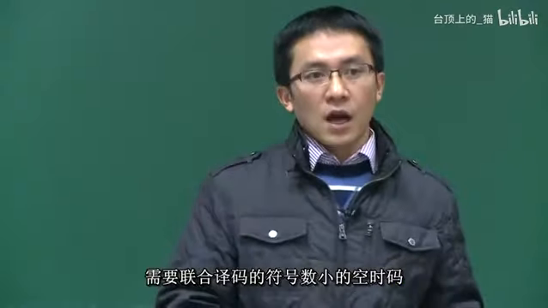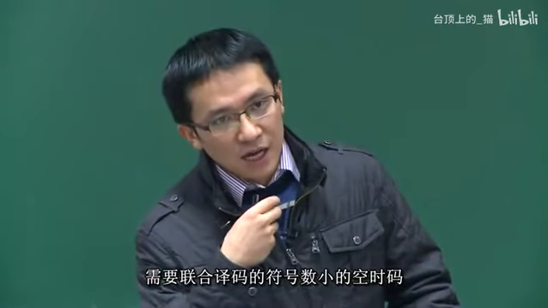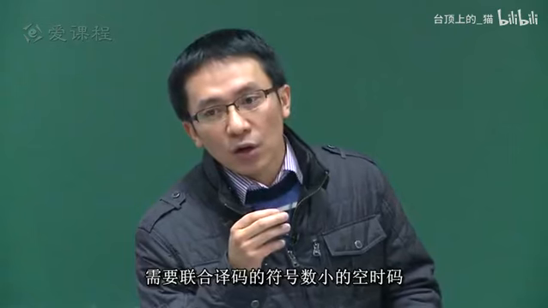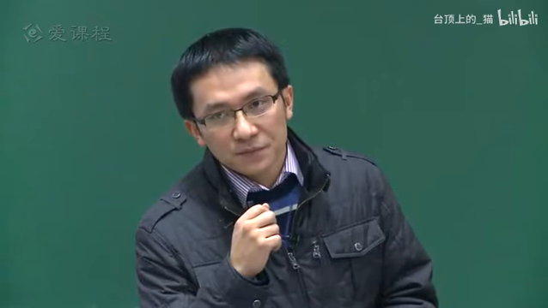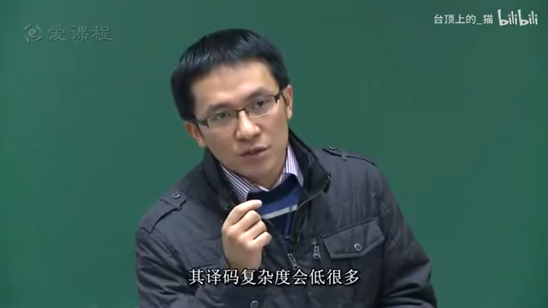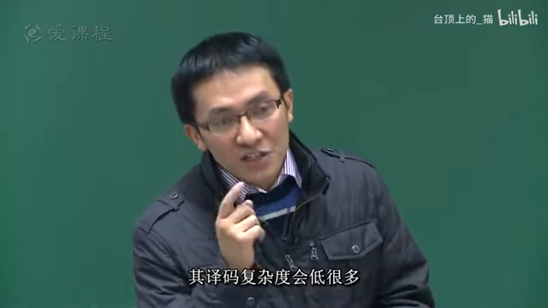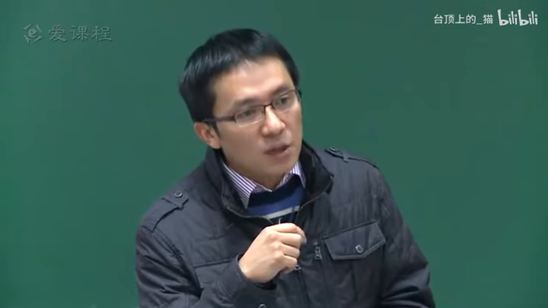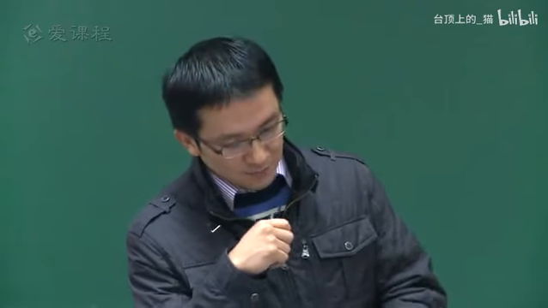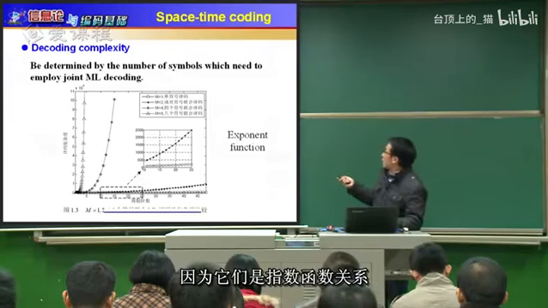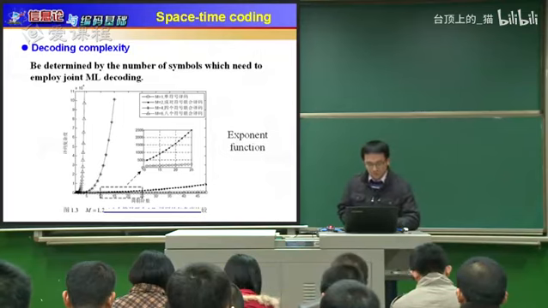So a space-time code with fewer symbols for joint decoding will have much smaller decoding complexity, because of the exponential relation.